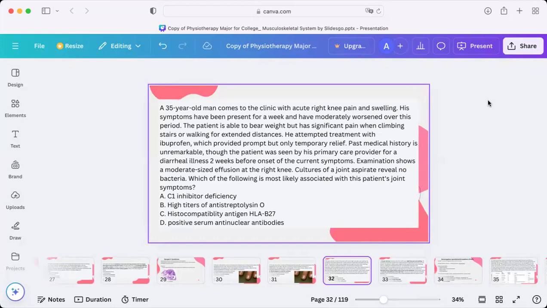Past medical history is unremarkable, though the patient was seen by his primary care provider for a diarrheal illness 2 weeks before the onset of his current symptoms. Examination shows a moderate-sized effusion at the right knee. Cultures of a joint aspirate reveal no bacteria. Which of the following is most likely associated with this patient's joint symptoms? Is it C1 inhibitor deficiency, high titers of anti-streptolysin O, histocompatibility antigen HLA-B27, or positive serum antinuclear antibodies?